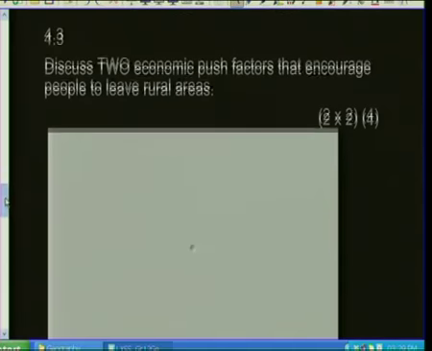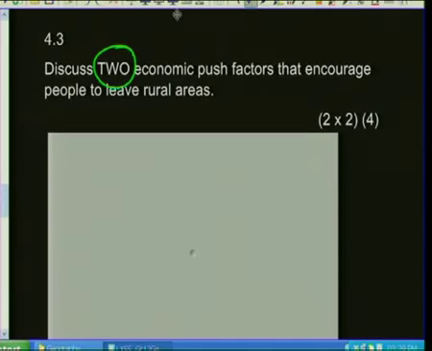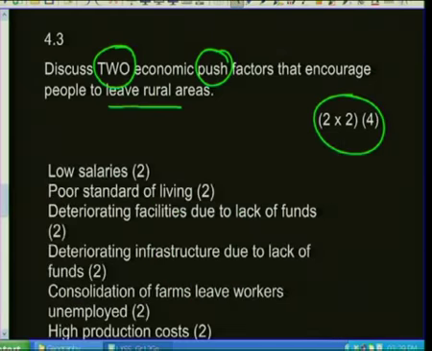Question 4.3. They're asking us to discuss 2 economic push factors that encourage people to leave the rural areas. So 2 ugly things that'll make people want to go. That could be things like unemployment caused by drought, crime in the rural areas, anything that is unpleasant that will get you out. 2 answers for that will get you your 4 marks.